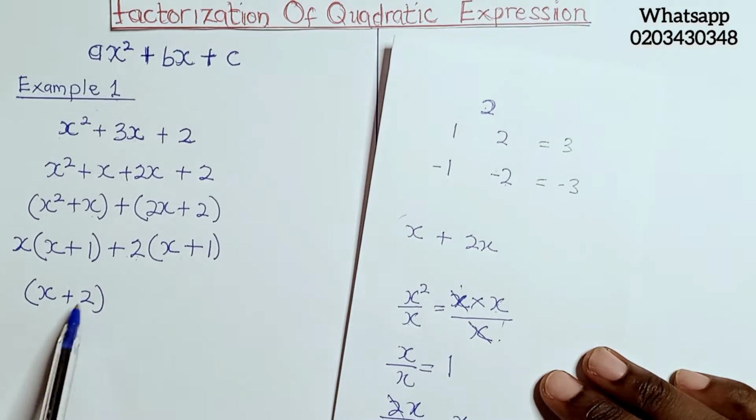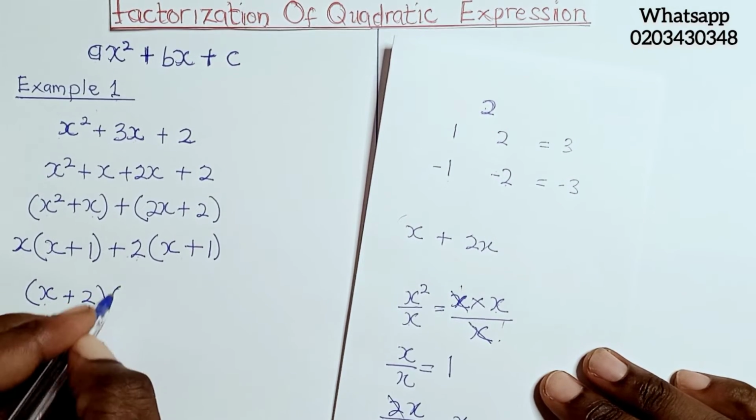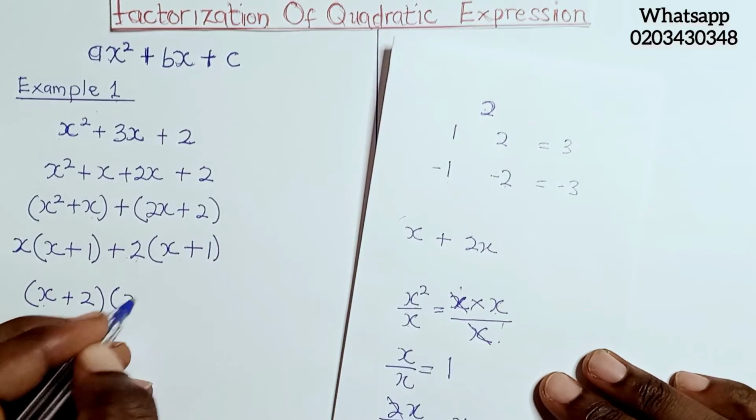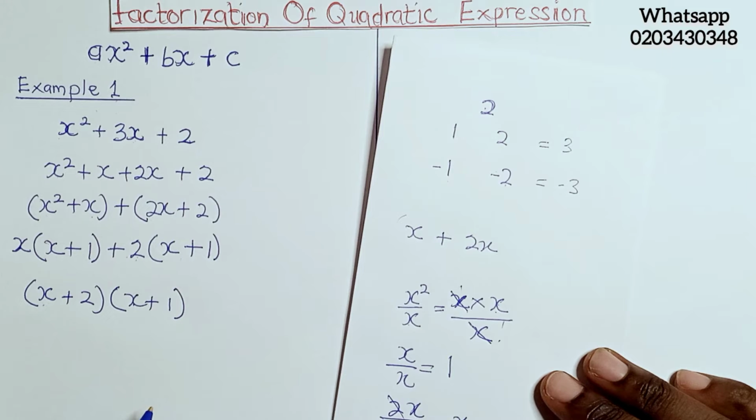So we can use the same method, or in simple form, just take those outside, put them in a bracket, then open another bracket and repeat the x plus 1. Finish. So when you are asked to factorize this one, this is the final answer you are supposed to get.